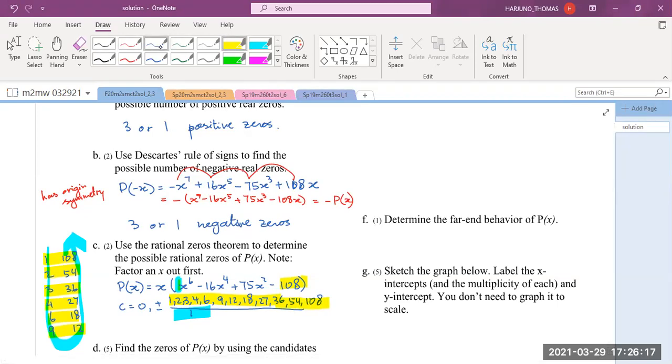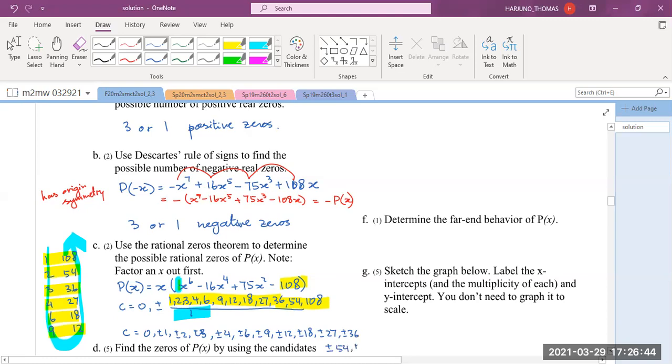Now let me list them out. That will be C equals 0, plus minus 1, plus minus 2, plus minus 3, plus minus 4, plus minus 6, plus minus 9, plus minus 12, plus minus 18, plus minus 27, plus minus 36, plus minus 54, plus minus 108.